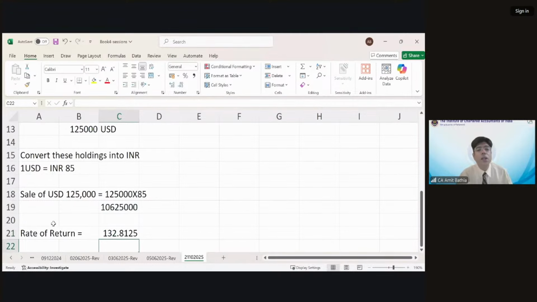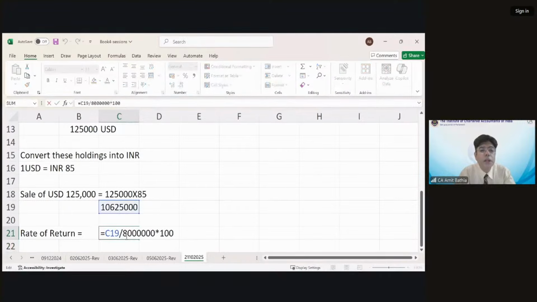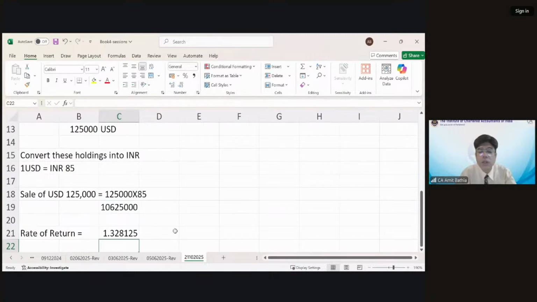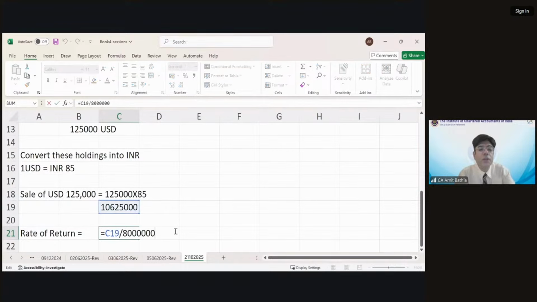And I will get the return percentage, right? So it is 32%, right? It is 32% return. 1.32.